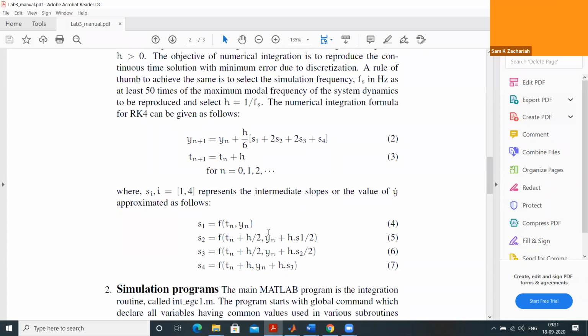What does it mean? We are using yn as the current value, and we assume that y is evolving like a straight line ramp function with a constant slope, and that slope is applicable for the next h by 2 interval. So this is called Euler prediction. This is the simplest numerical integration method.